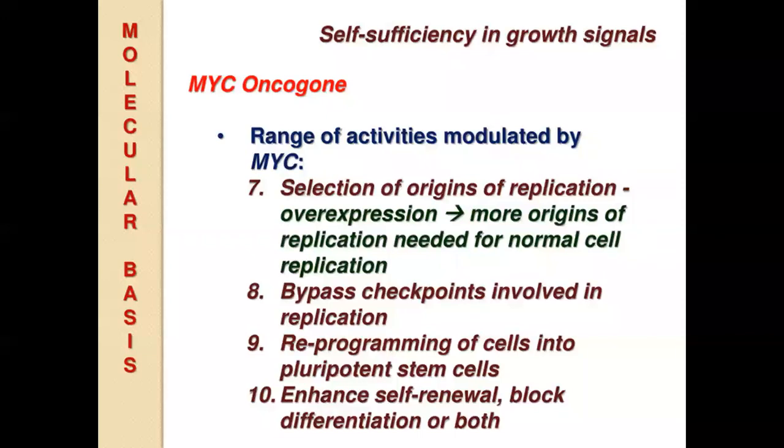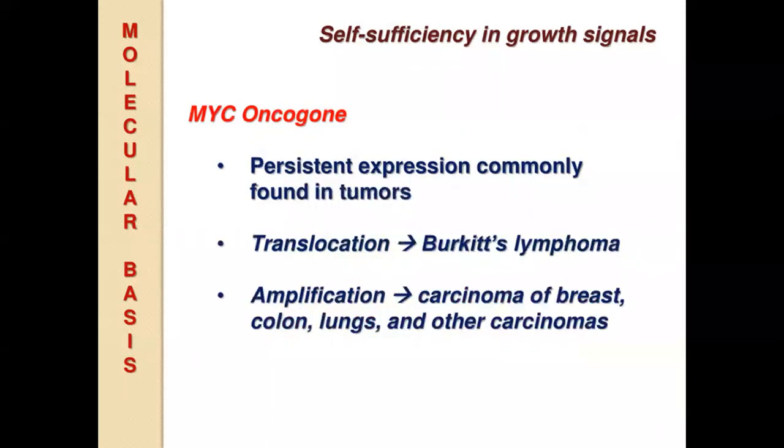But on the other hand, the MYC oncogene is associated with overexpression of the MYC oncoproteins. There is an autonomous cell proliferation. The persistent expression is commonly found in tumors: translocation, for example in Burkitt lymphoma, and amplification in carcinoma of the breast, colon, lungs, and other carcinomas.